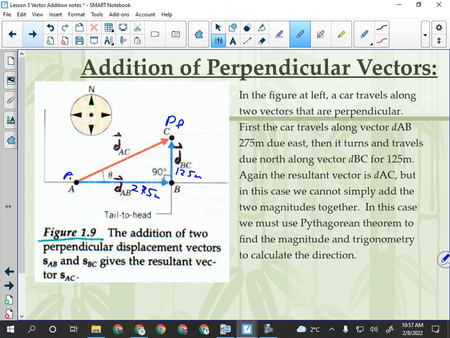So to calculate what our total displacement's magnitude would be, we take 275 squared plus 125 squared, and then we take the square root of that.